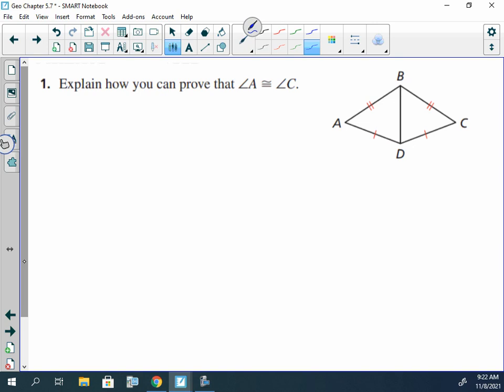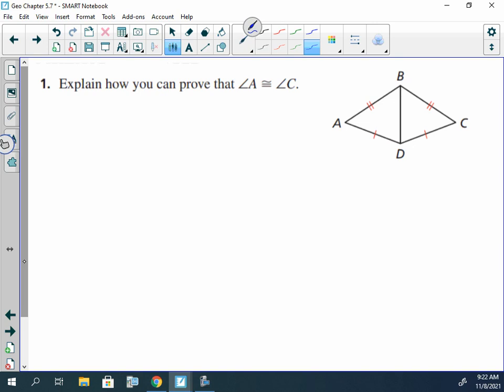Angle A is between the side length with 1 mark and the side length with 2. Is angle C in the same situation? C is between the sides with 1 mark and 2 marks, yes? So if these two triangles were congruent, A and C would be corresponding parts, yes? Okay, so let's see if we can prove that these two triangles are congruent.